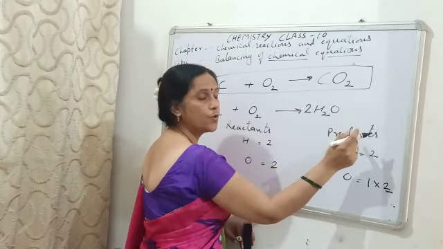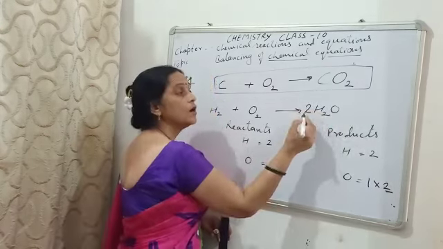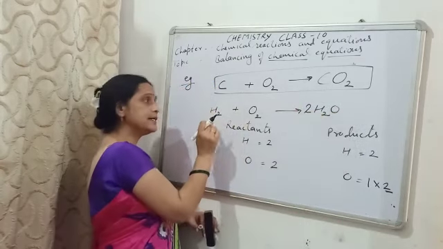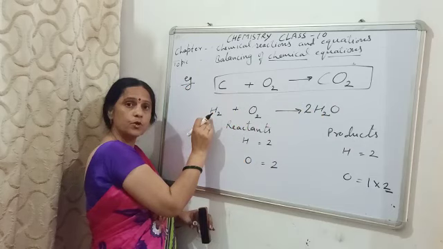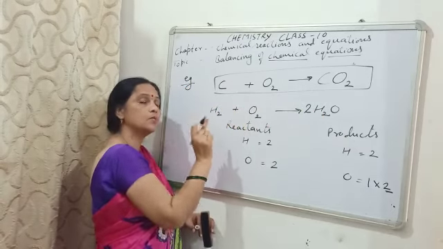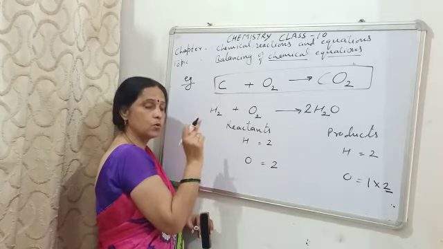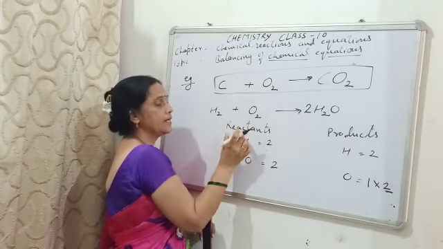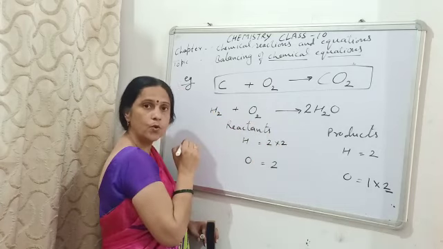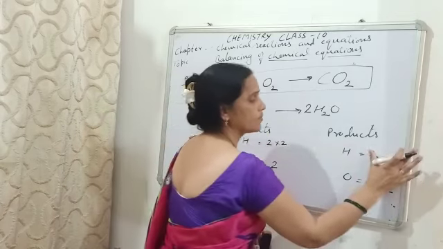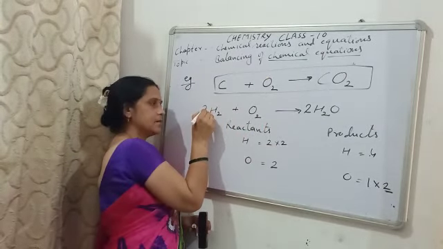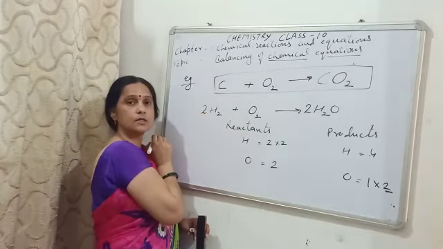Now in the product side hydrogen becomes 4 and in the reactant side hydrogen is 2. So we have to balance the number of hydrogen atoms on both reactant and product sides. So we should multiply reactant side hydrogen with 2 to make it 4, and place the number 2 in front of hydrogen.